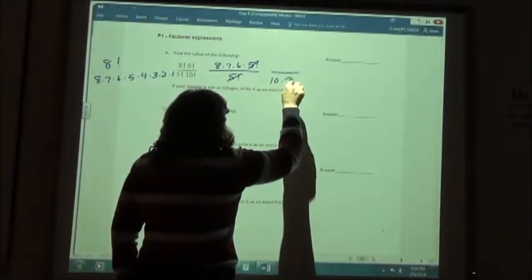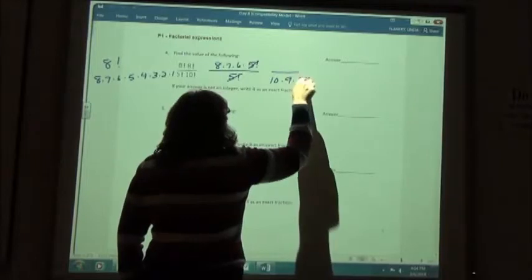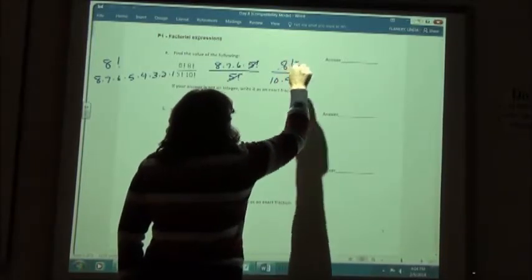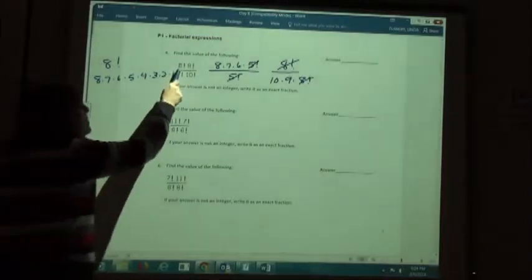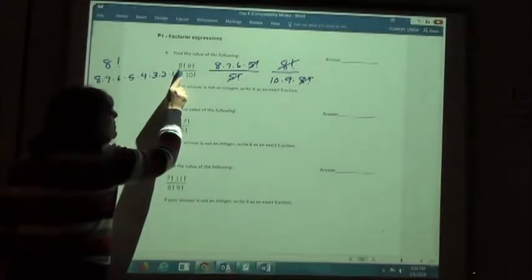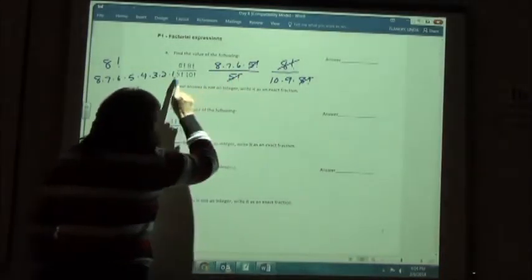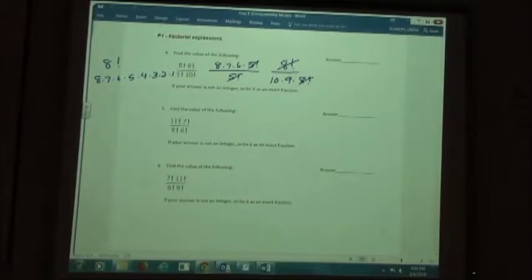I'd have 10 times 9 times 8 factorial. So the 8 factorials could cancel each other out. Because you probably don't want to have to go 8 times 7 times 6 times 5 times 4 times 3 times 2 times 1 and then do it again. So if I can take my values here and start with the bigger one until I reach that smaller one, then I can cancel out the smaller one.